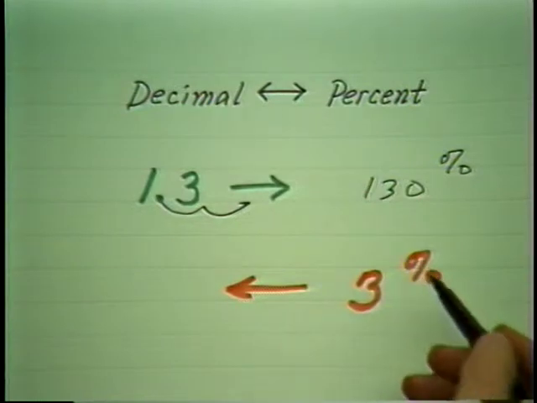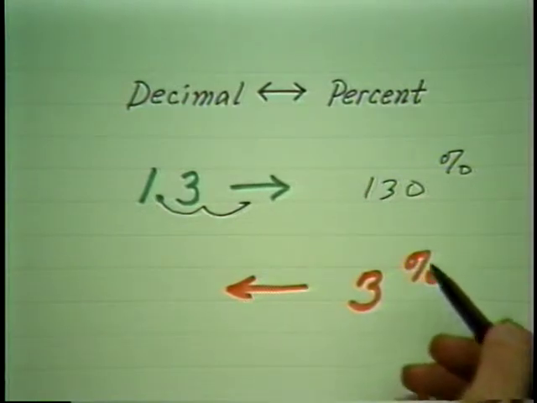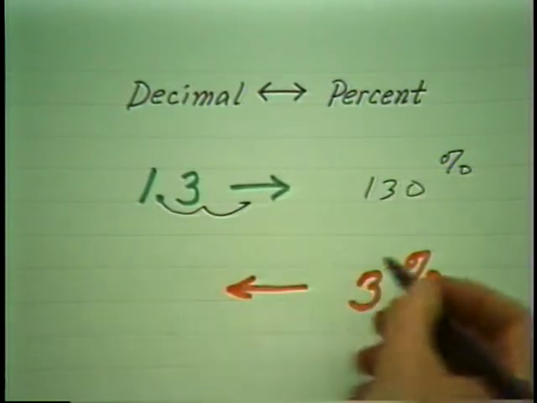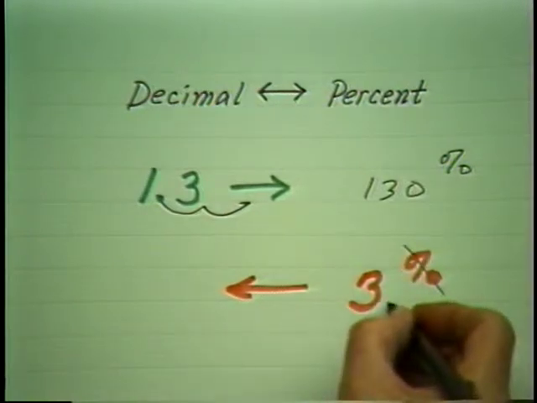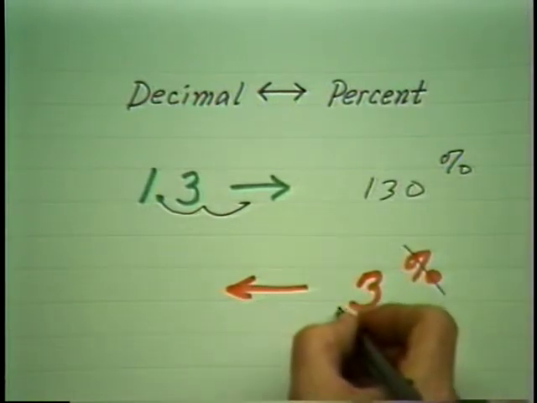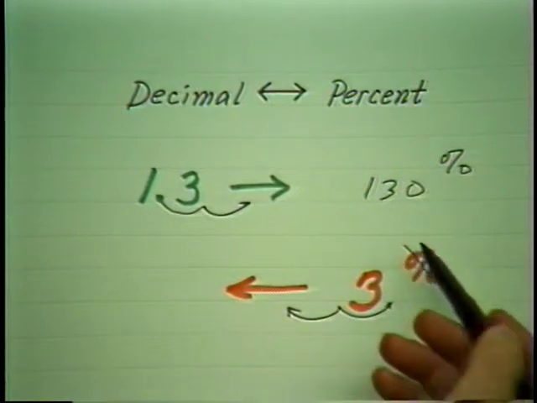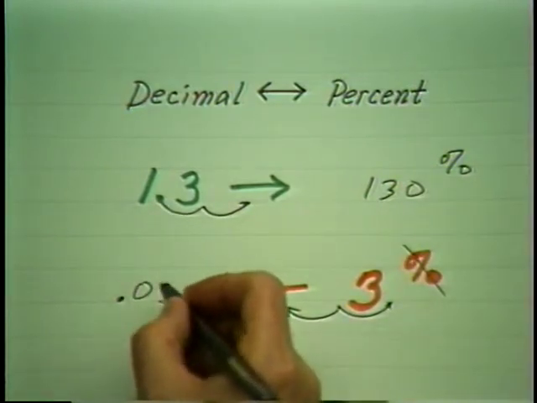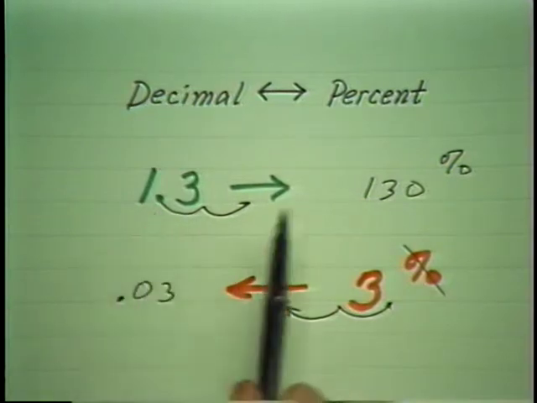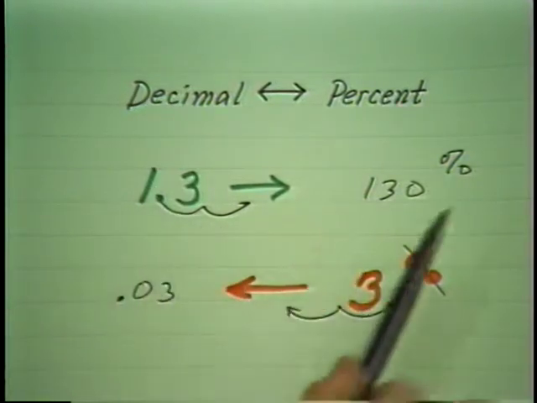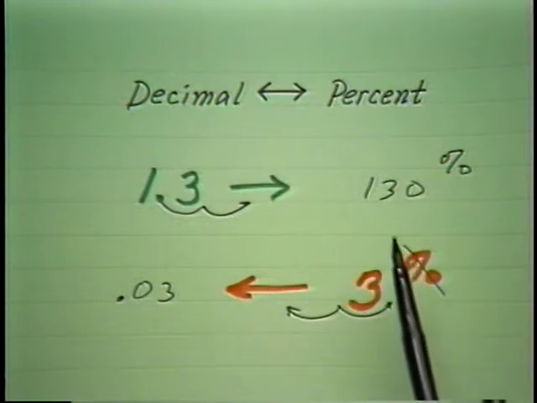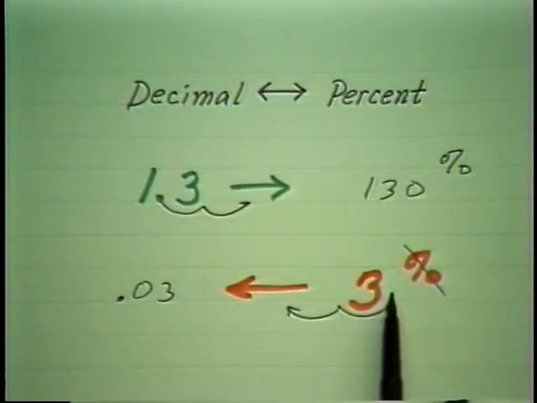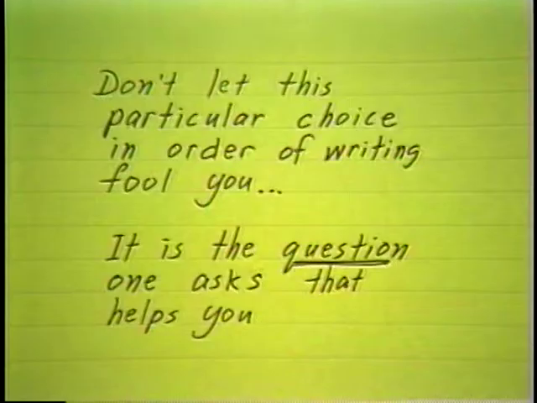But here's a percent, and if for some reason you want to get to a pure decimal, then you will drop the percent and move the decimal point 2 places away, because I want to get away from the percent. Again, if you're changing it to a percent, move it 2 places towards a percent. If you're trying to get away from the percent, you move it 2 places away from the percent. Quite a neat trick, and it's easy to remember.